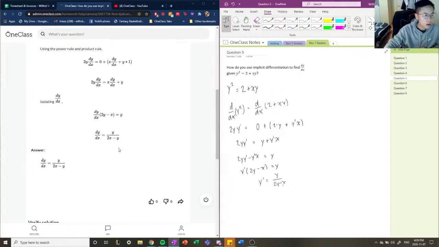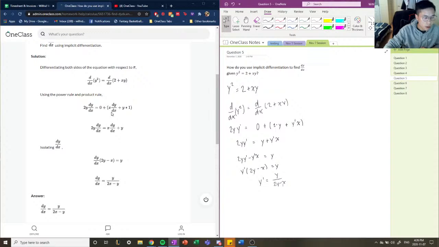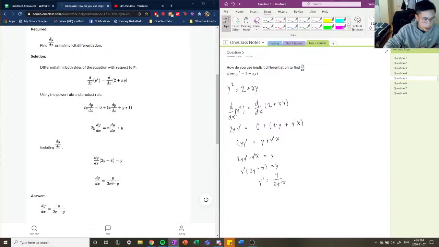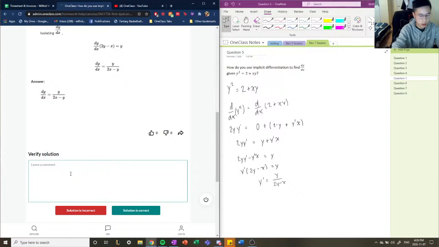Why is this 2x? Oh, okay. So the junior tutor was pretty close to solving this problem, but in this one step here, they switched x and y for some reason, I believe. So this solution is almost correct.